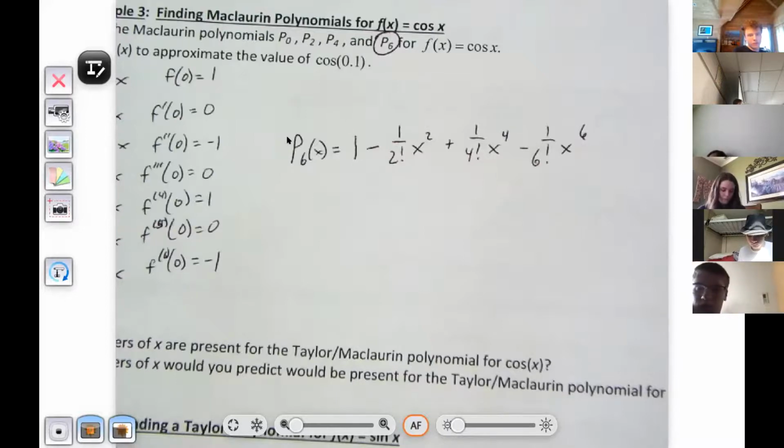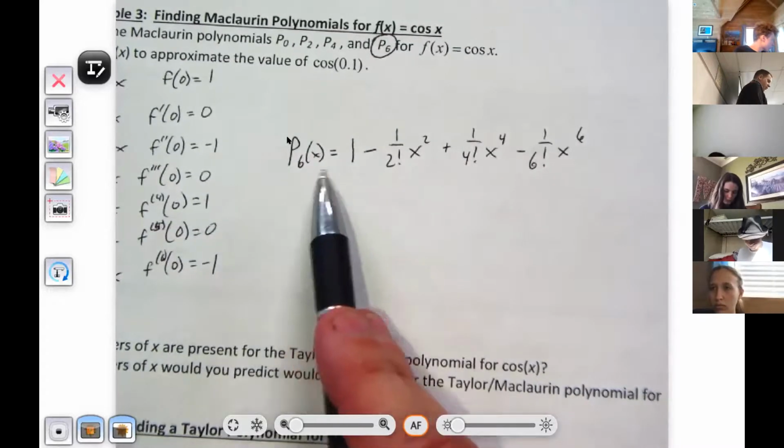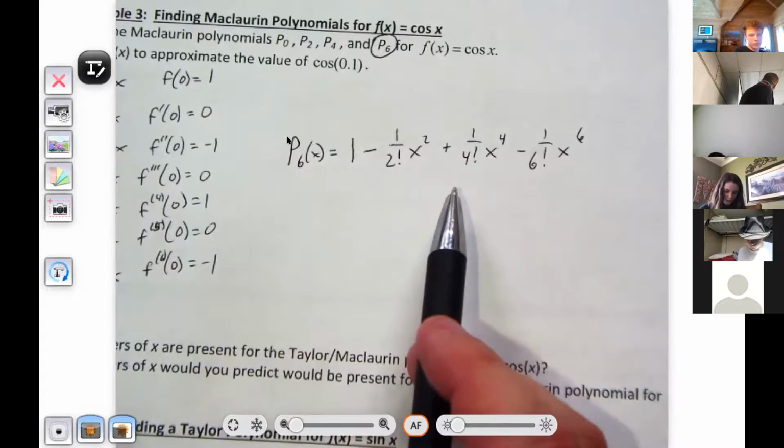You don't put plus dot, dot, dot to infer that it's still going on. But when you do a series, you do need to put plus ... to imply that it is going on forever. Those can award you points or cost you points. So this is the 6th degree polynomial for cosine of x.